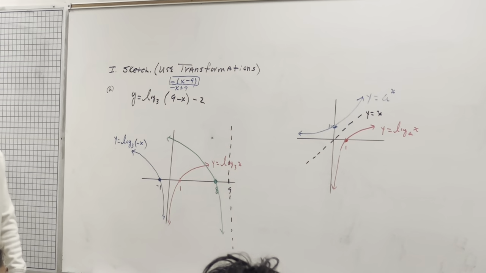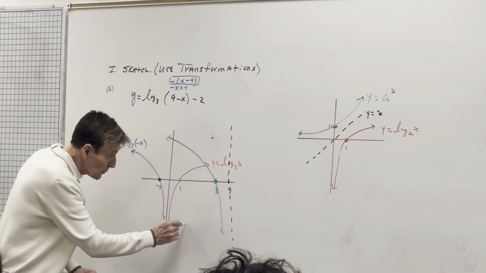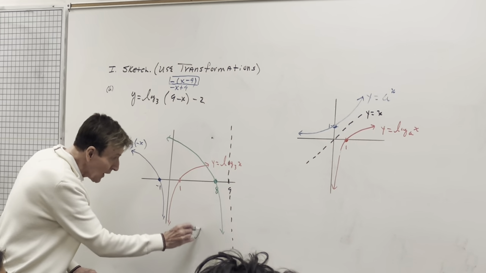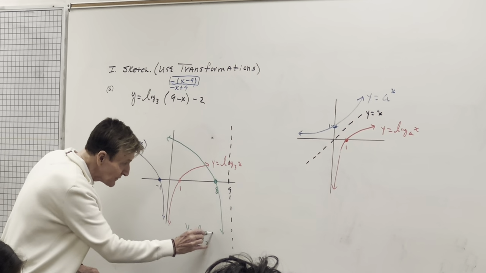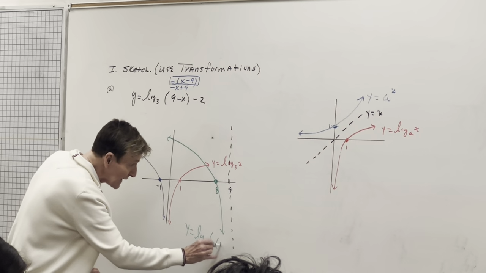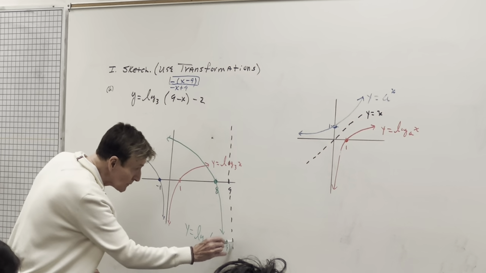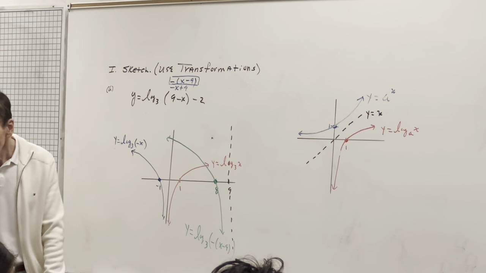Would you guys agree? I'll draw the scale. That green now represents at this point y is equal to log base 3 of negative x subtract 9. Close that up. That's what the green represents.